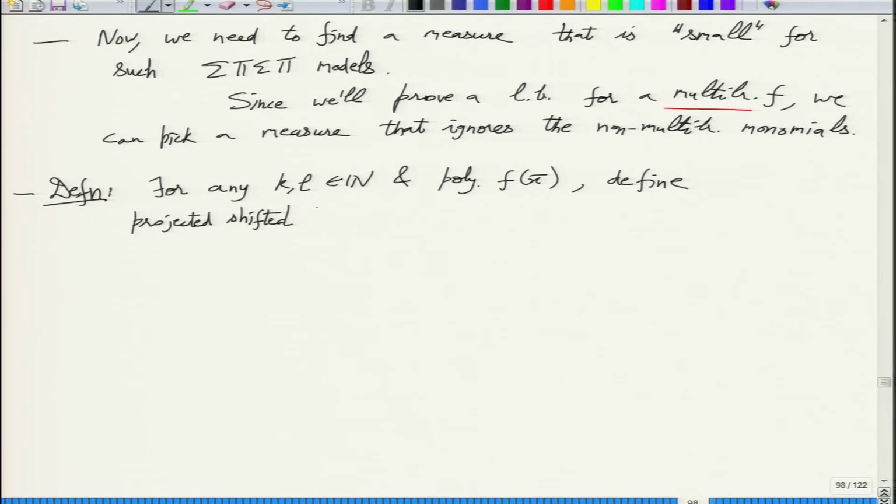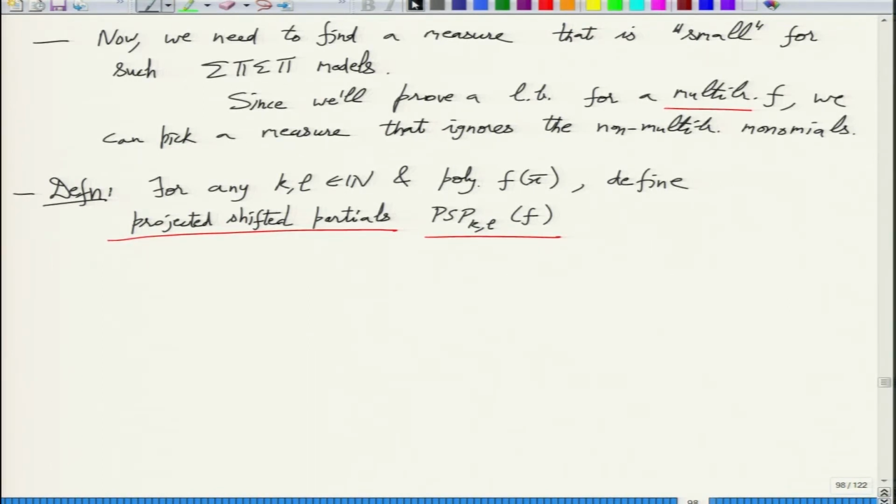So projected shifted partials, PSP, KLF. Yeah, it is called projected because even when you are looking at a squareful monomial like x1 square, you project it down to x1.